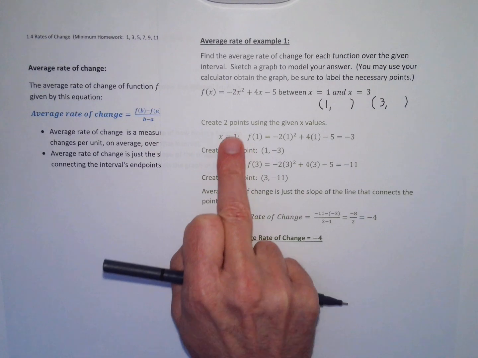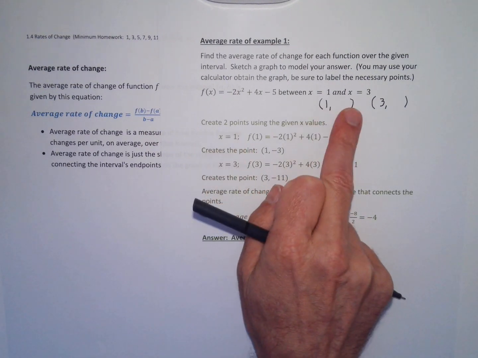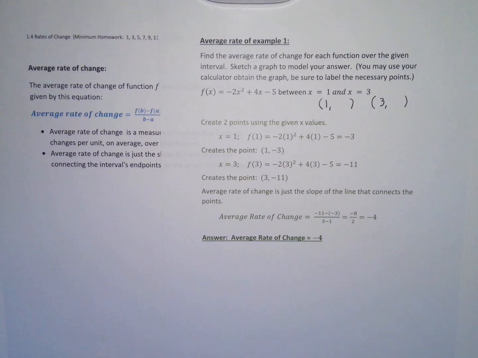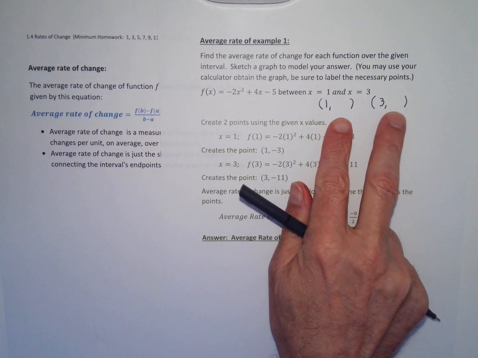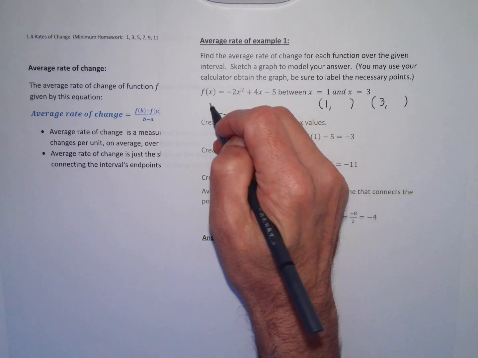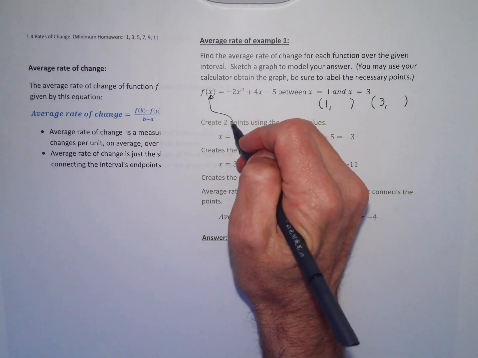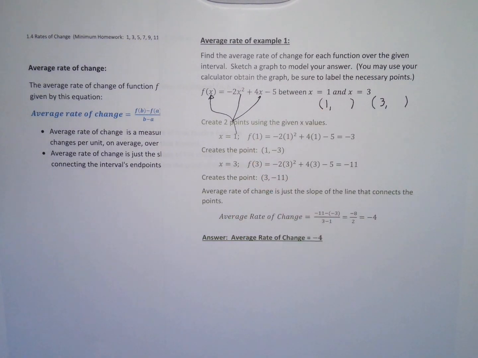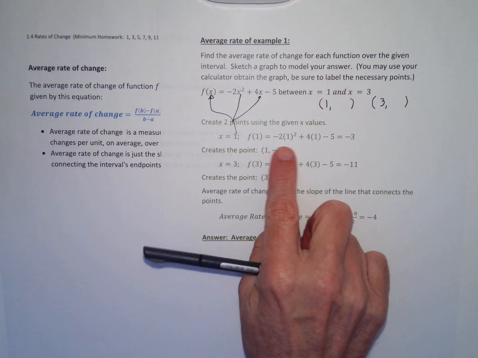So this is what I started to do. I give you two x values, which is kind of half of 2 points. The average rate of change is just the slope of a line that connects 2 points. For each x, I need to get its corresponding y. I get the y's by taking the value for x and plugging it into each x in the function and doing the algebra. So this I just did on my calculator.